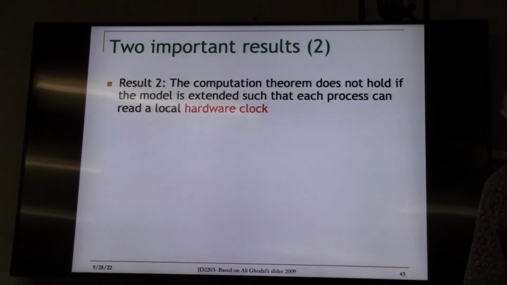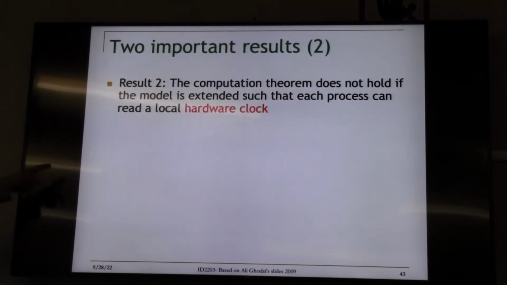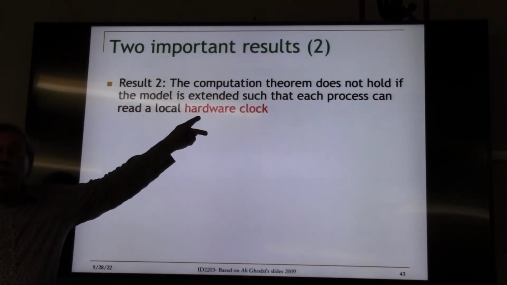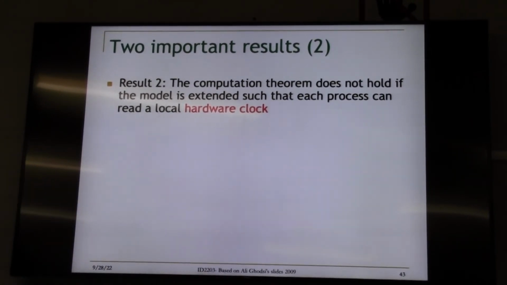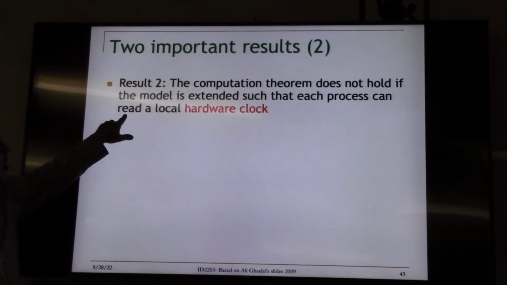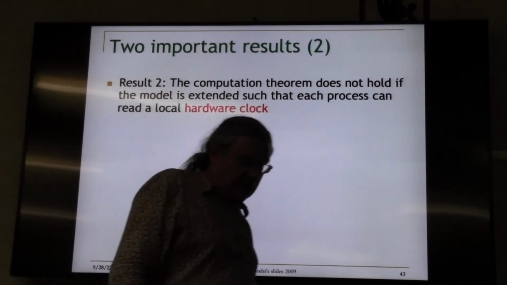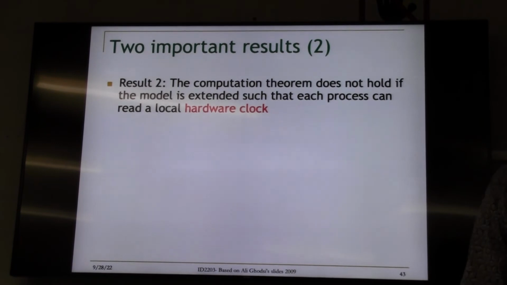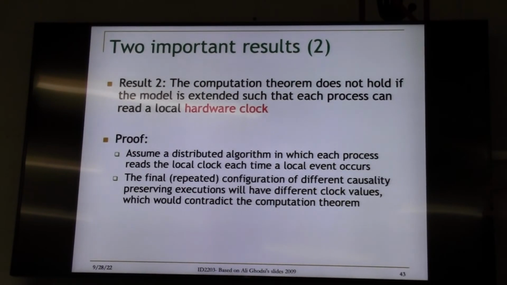And another result: you can extend the model and do more, of course. If you add an actual hardware clock that is counting the nanoseconds or something on the machine, to each process, then the theorem does not hold anymore. Then you can see things. Normally you don't want your algorithm to depend on a hardware clock.